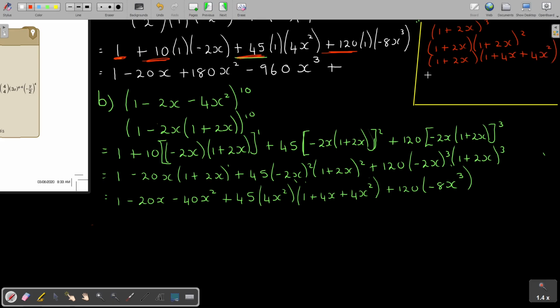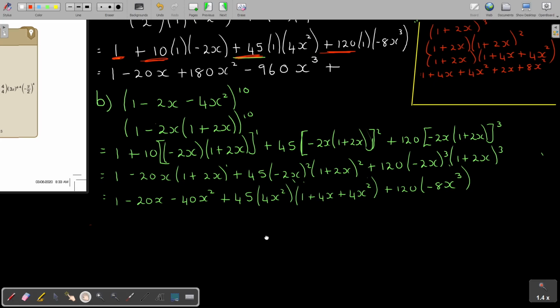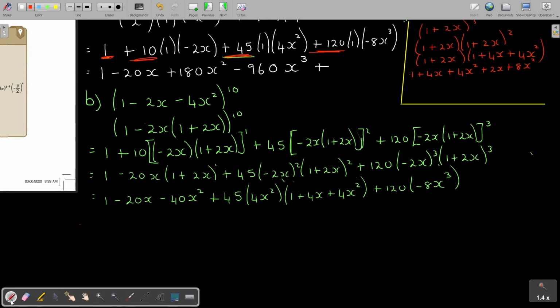So if I multiply this out, this is going to be 1 plus 4x plus 4x squared plus 2x plus 8x squared plus 8x to the power 3.